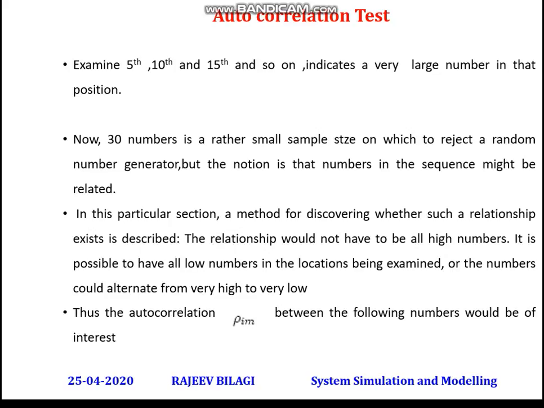We are going to discuss finding out whether such a relationship exists or not. The best way is to find the correlation between one number and another number, so we are going to find out rho of im between various numbers.